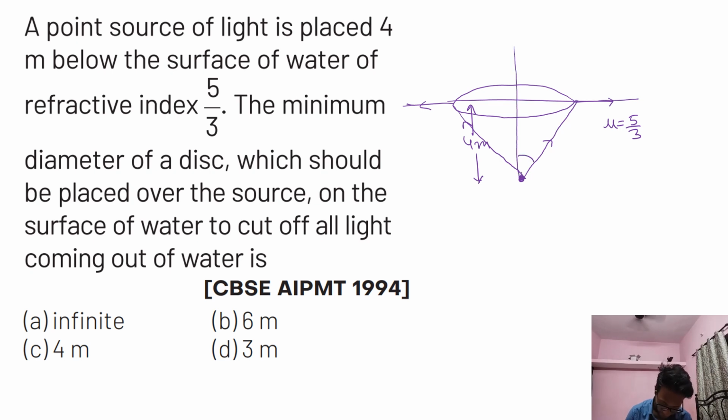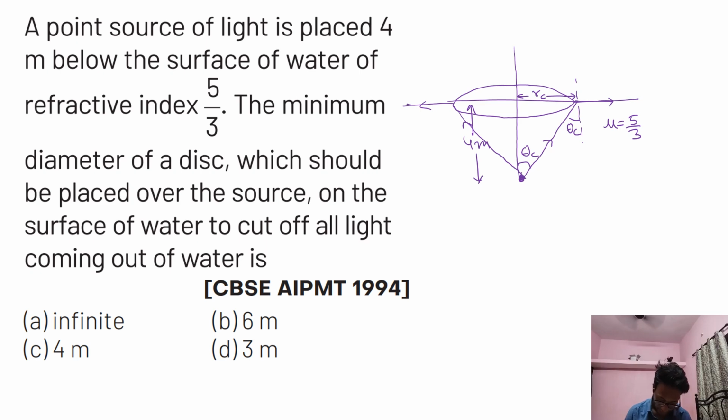This is nothing but theta c. Sorry, I made a mistake. If I draw a normal out here, this is nothing but the critical angle. Even this is the critical angle. So this is now the radius of the circle, and this is the height.